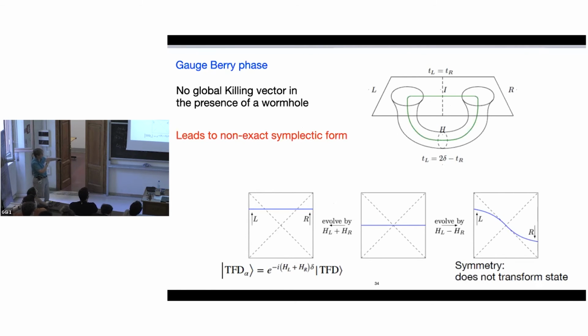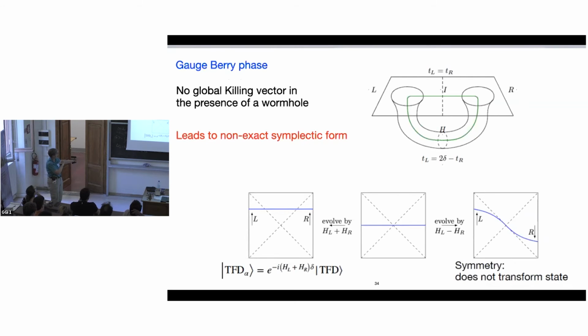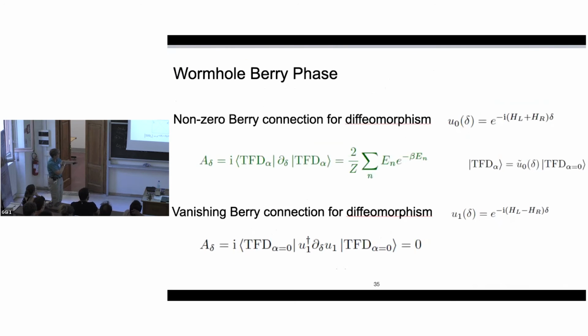Looking at this figure means that it makes a big difference whether you evolve with the sum of the two Hamiltonians on each side, assuming that you have the TFD state on each side, or if you evolve with the difference, because this is a symmetry which does not transform the state, but this one does. The first line here is for the case on the left, the second line is for the case on the right.